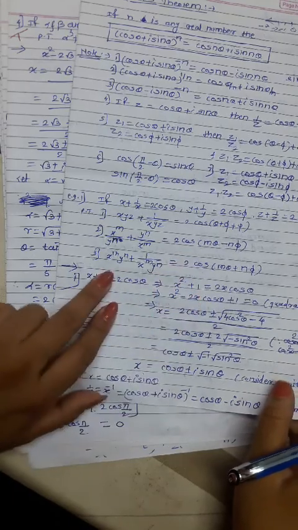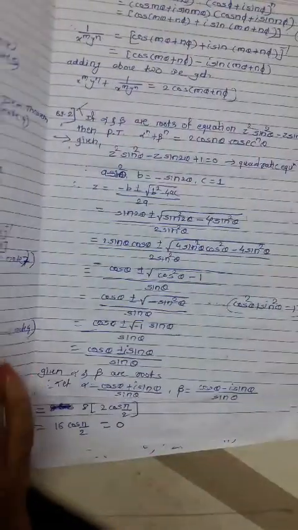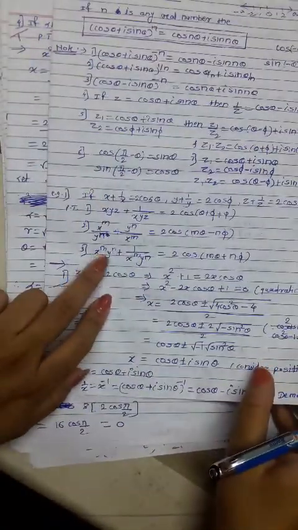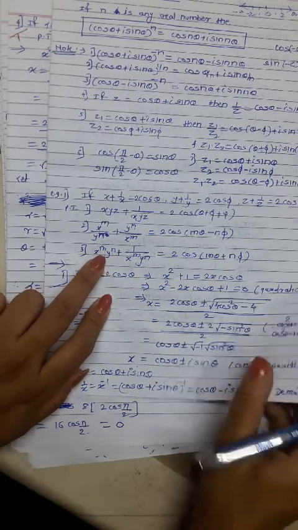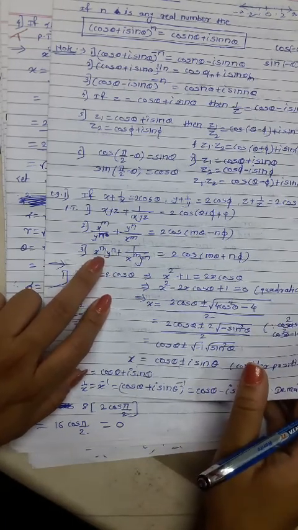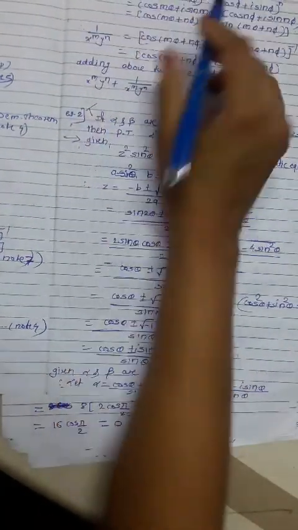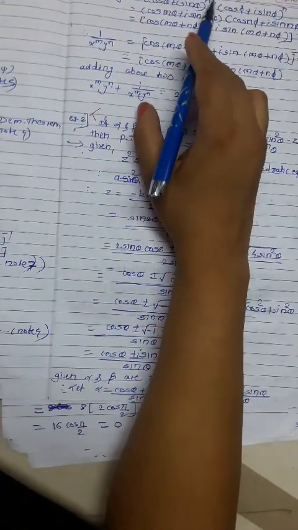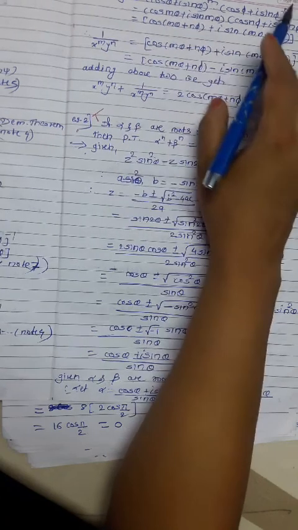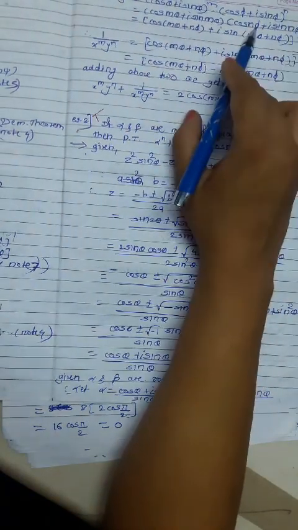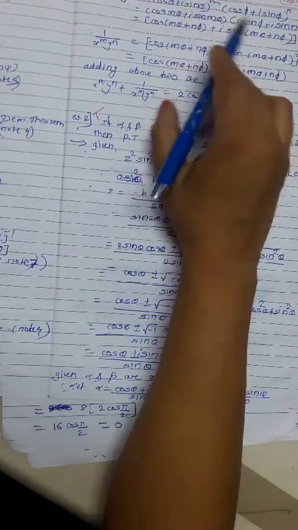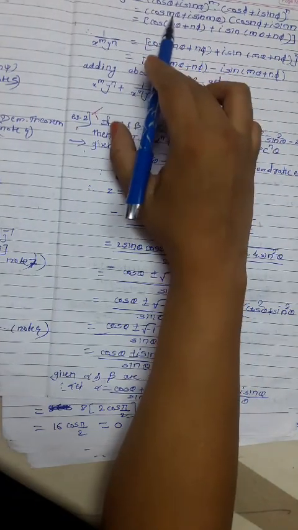Okay, now the third. What is the third? X raised to m, y raised to n. We have already calculated x raised to m and y raised to n. Just take the multiplication of these two. By De Moivre's theorem, the number gets attached to the angle.